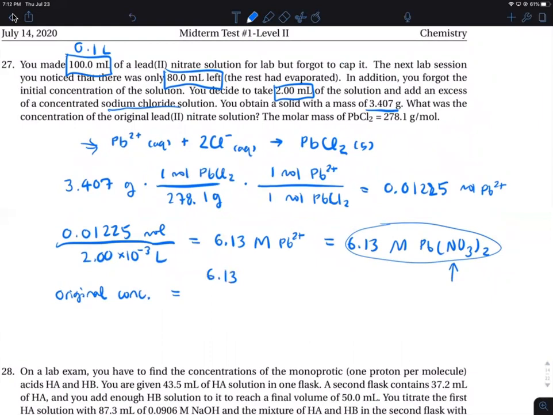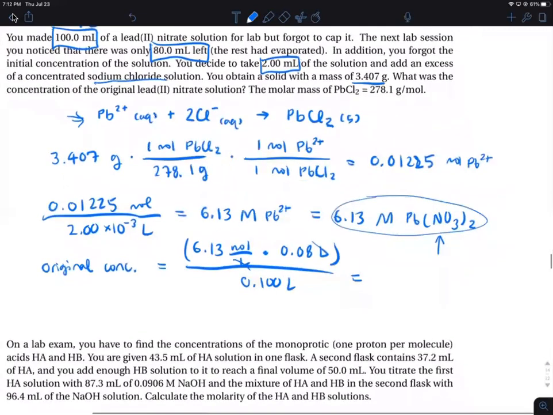We multiply by the volume, which was 80 milliliters or 0.08 liters. So this is in moles, and then we divide by the original volume, which was 100 milliliters or 0.1 liters. And then we get 4.90 molar Pb(NO3)2 solution.